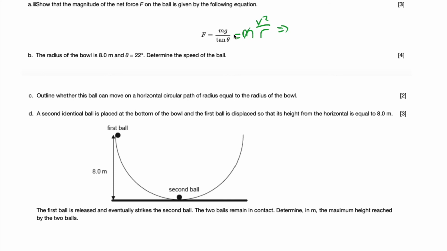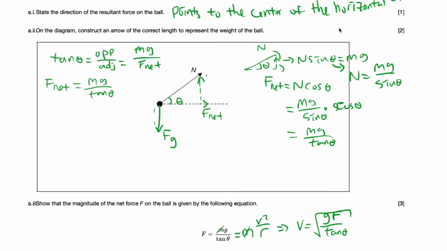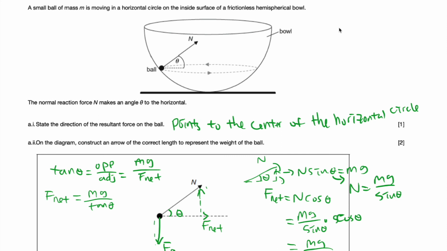So mass cancels out, and from this we know that velocity is going to be equal to the square root of g r over tangent theta. So this is r. And from the picture here, we know r refers to the length here. It's pointing to the center.